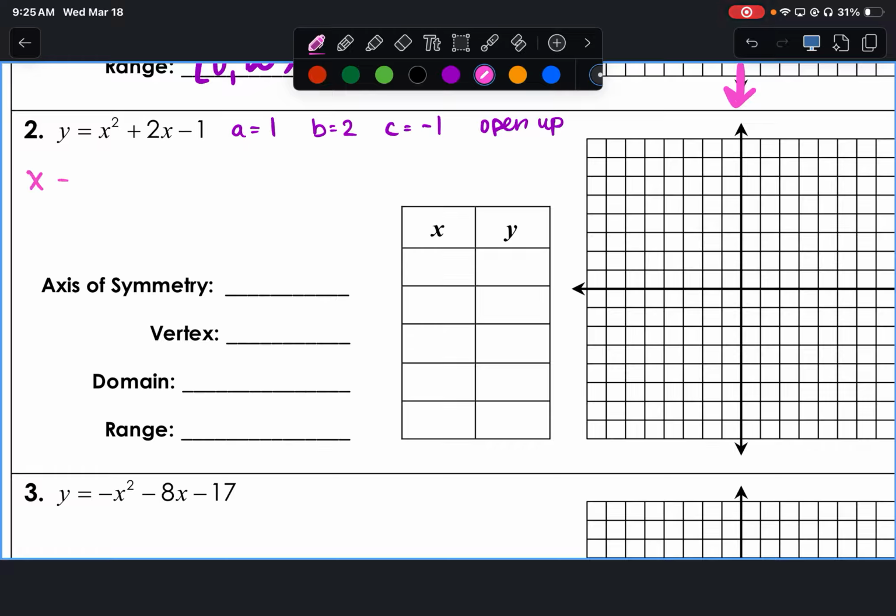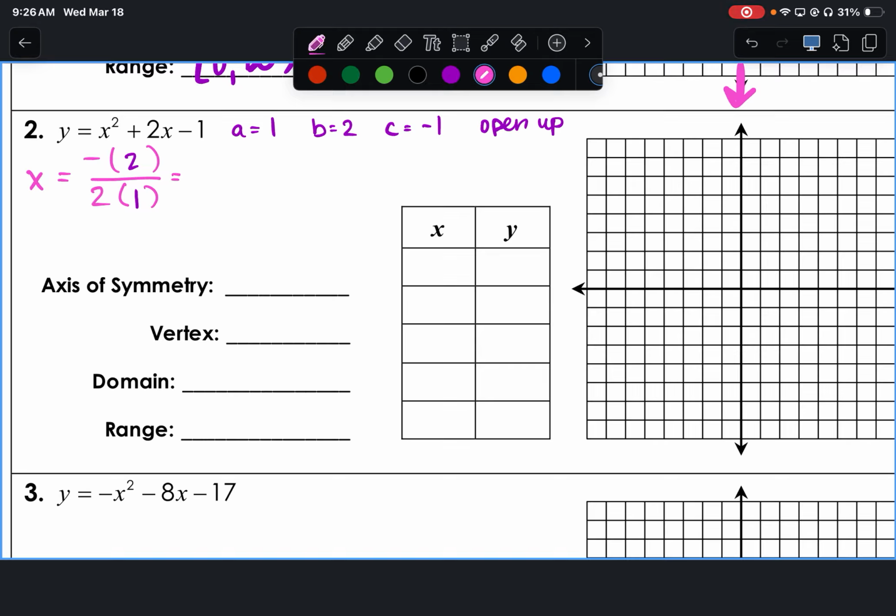Now we're going to find our axis of symmetry. So x is equal to -b over 2a. What do I need to plug into the numerator? 2. What do I need to plug into the denominator? What is our A term? 1.